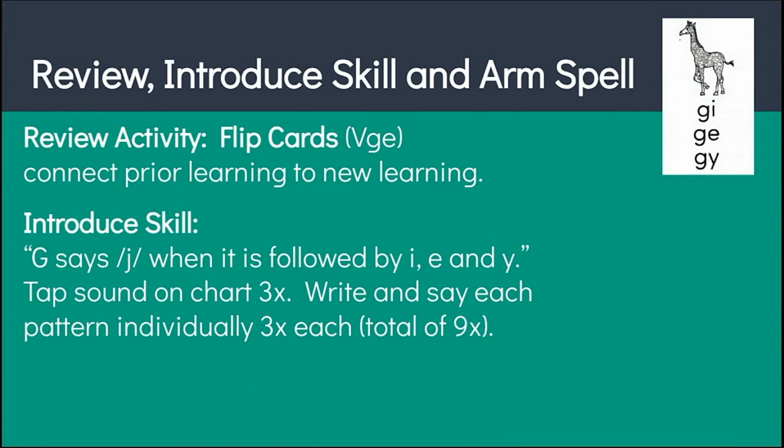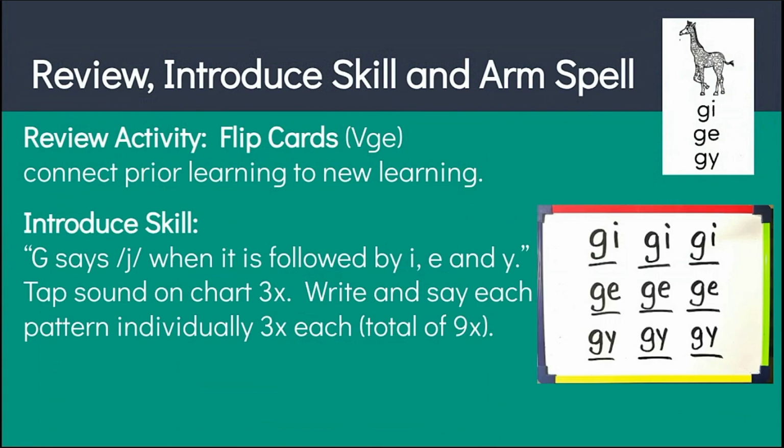After tapping the chart, have the students write each of the patterns that make the J sound individually 3 times. Start with GI and write the letters while saying the sound 3 times. GI, J, GI, J, GI, J. Then continue with GE the same way.